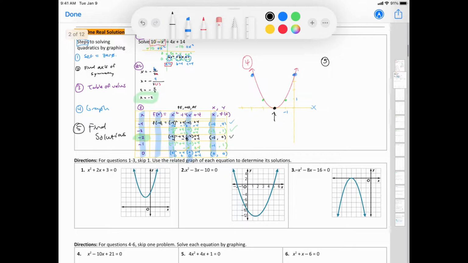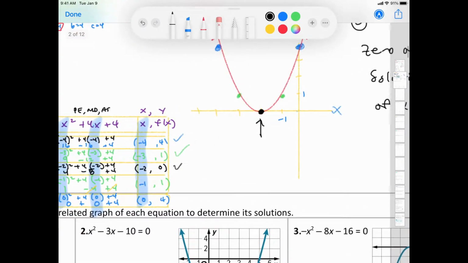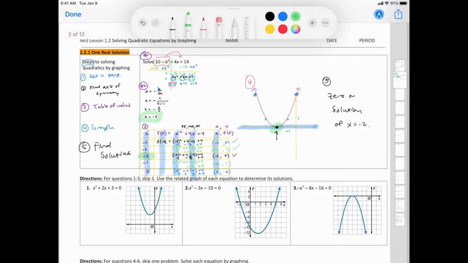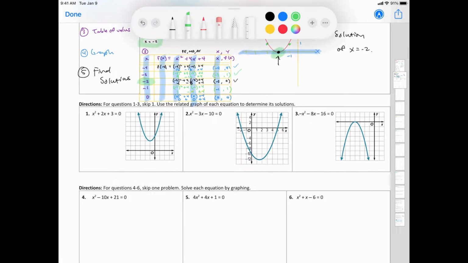So we can say that we have a 0 or solution of x equals -2. If you put -2 into our equation up there, you will basically get 0. Remember the big idea here is that where it crosses the x-axis is our solution. Okay, let's try the questions below.